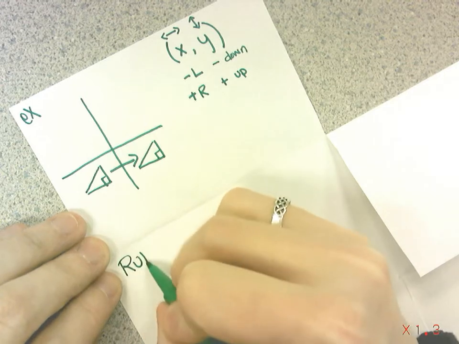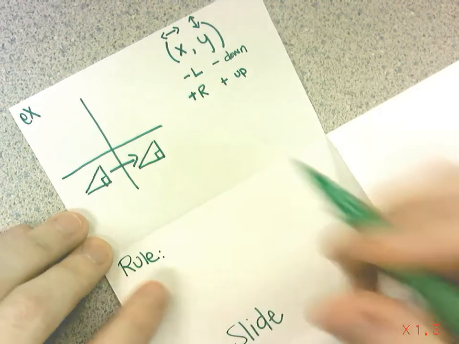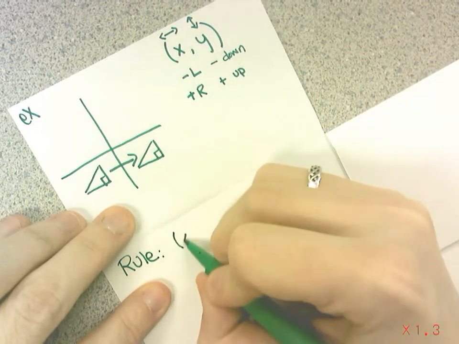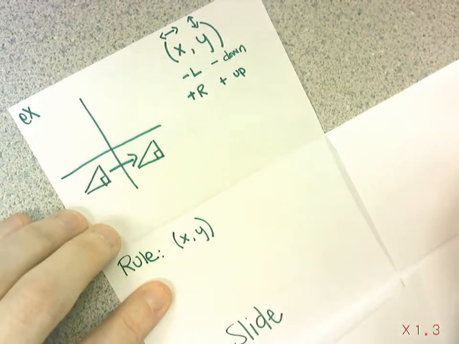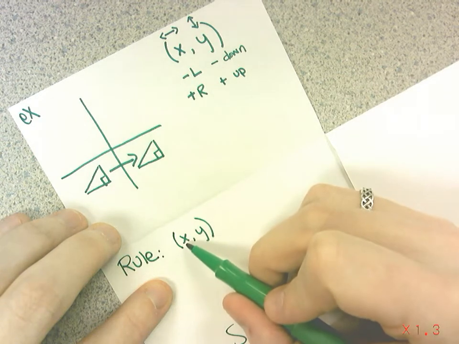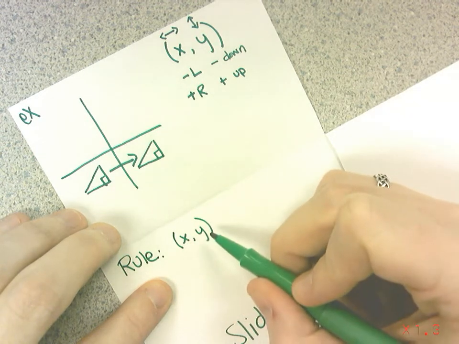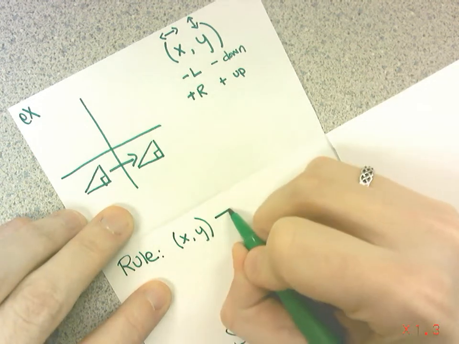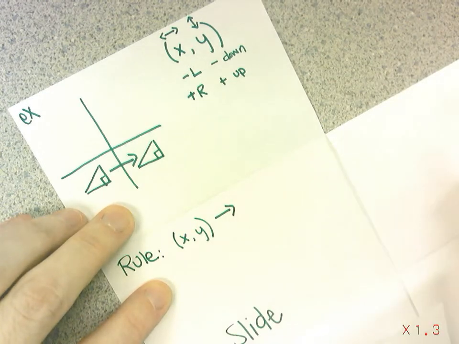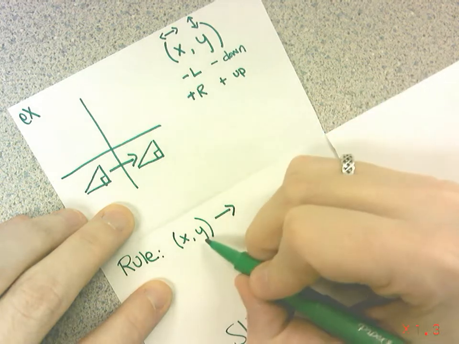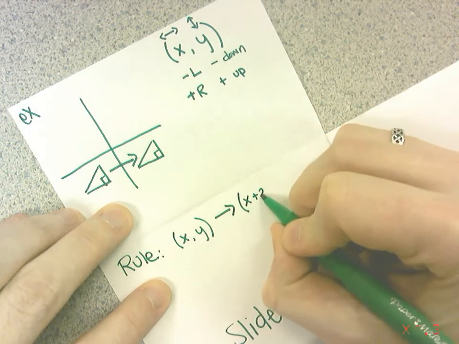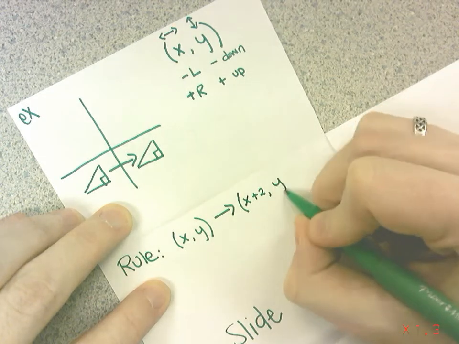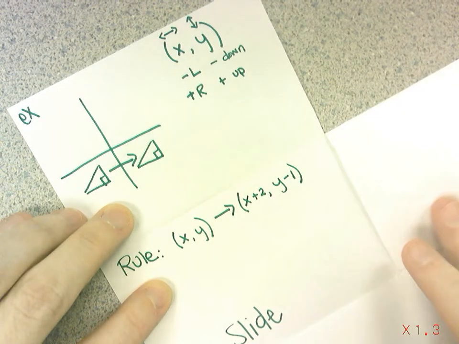The rule for a translation will look like this. You always write xy first to tell us that we're starting with x, we're starting with y, and we're going to change them. Then you draw an arrow. This arrow means that you're going to be changing. So xy changes into x plus 2 and y minus 1.